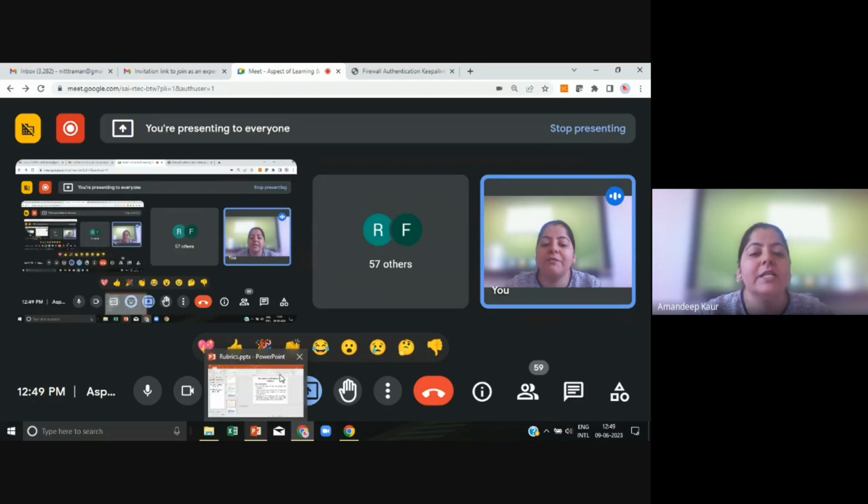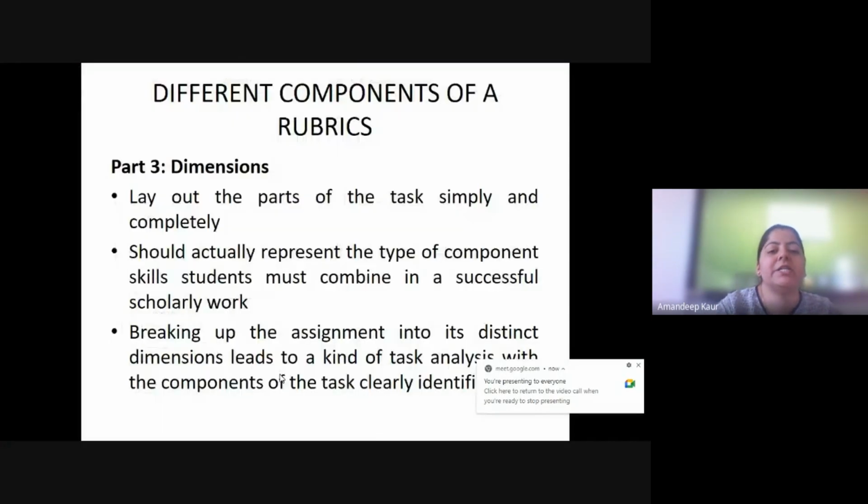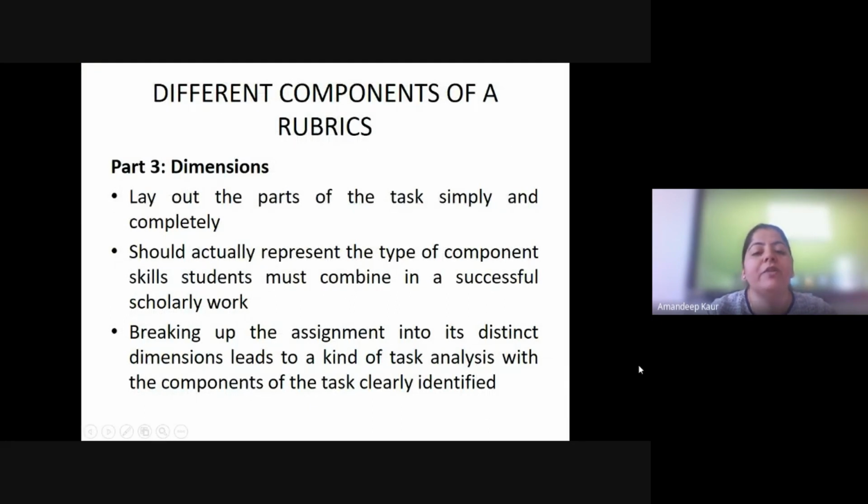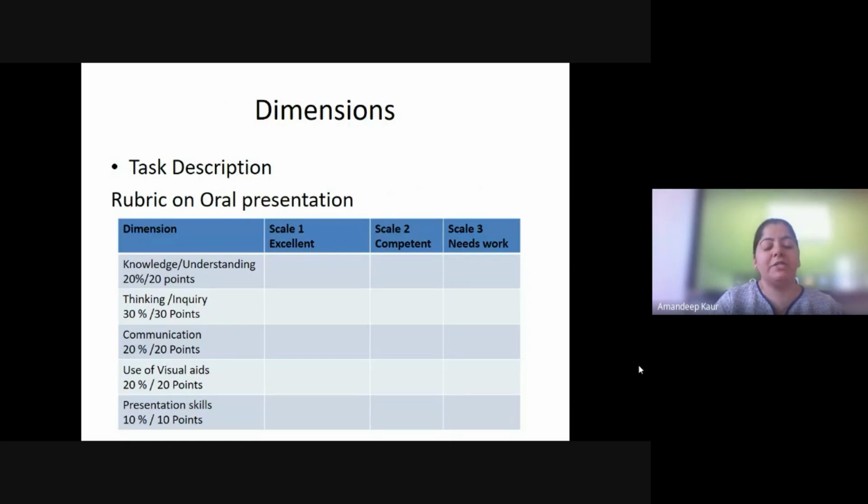When we are saying description of that particular dimension, the teacher needs to think, up to the level of excellency or up to the level of needs improvement, what are the different parameters that the individual needs to cover in that dimension. Another thing we need to consider is weightage to different dimensions. Depending upon the points awarded to that activity, you need to think what dimension is most important, and give weightage accordingly.